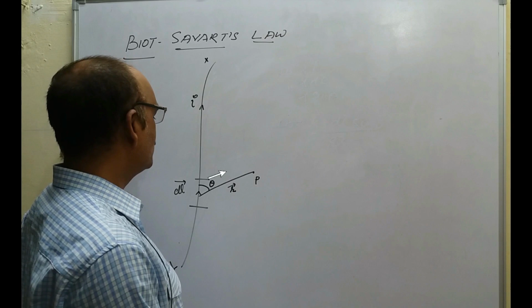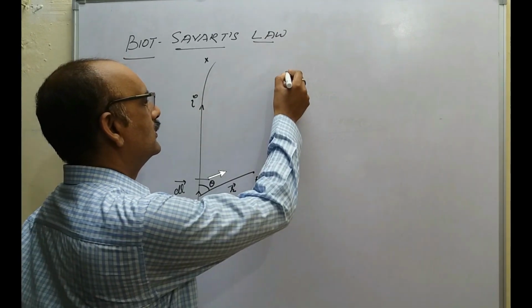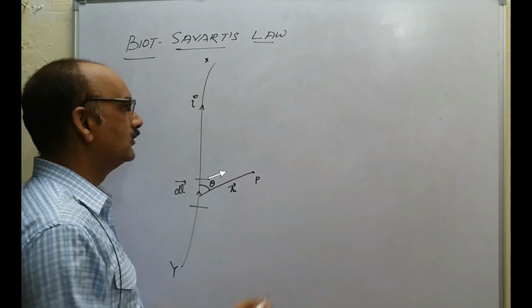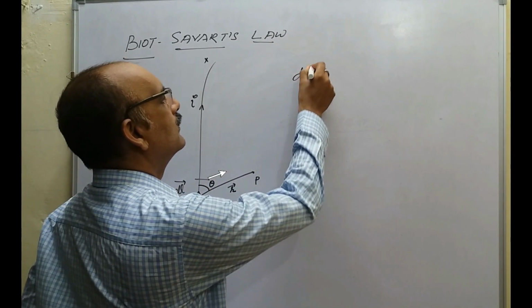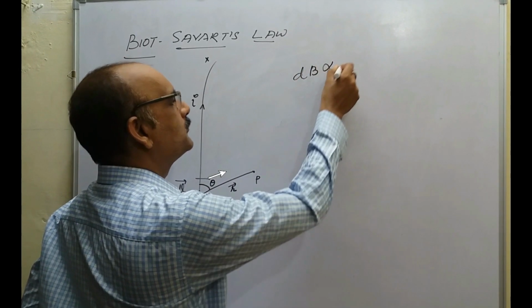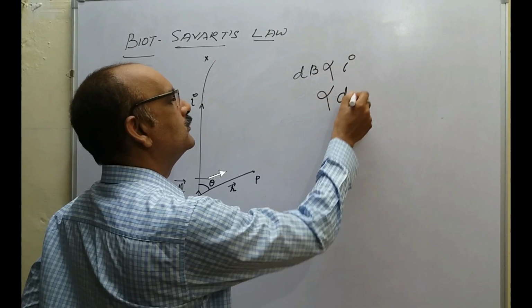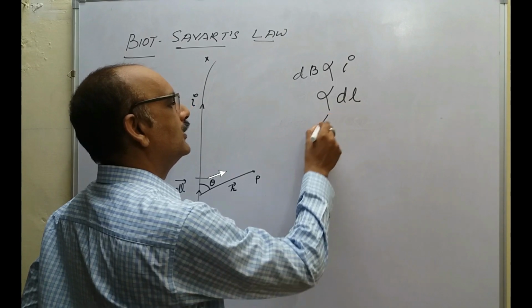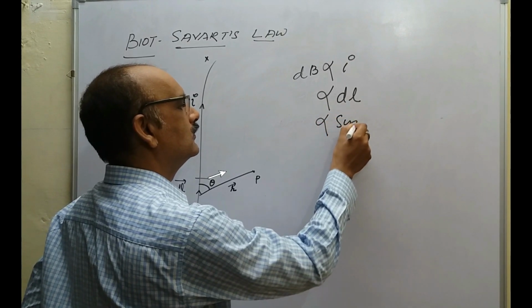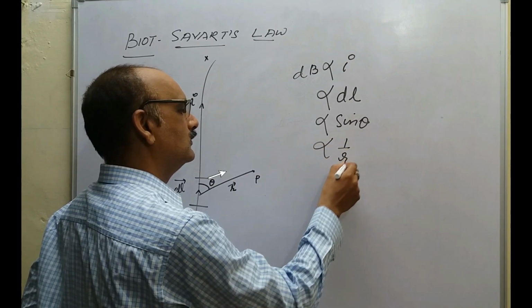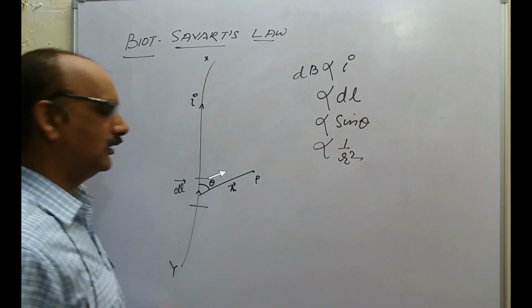Now according to Biot-Savart's law, dB at the point P is directly proportional to I, directly proportional to dl, directly proportional to sin theta, and inversely proportional to r square.